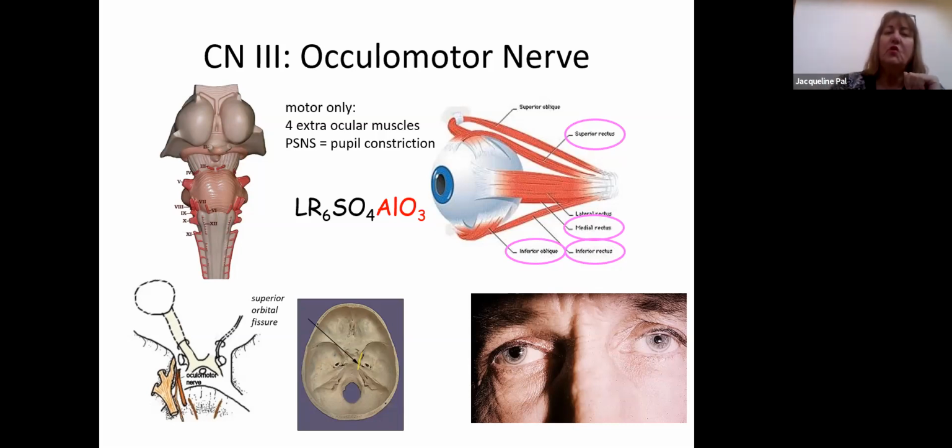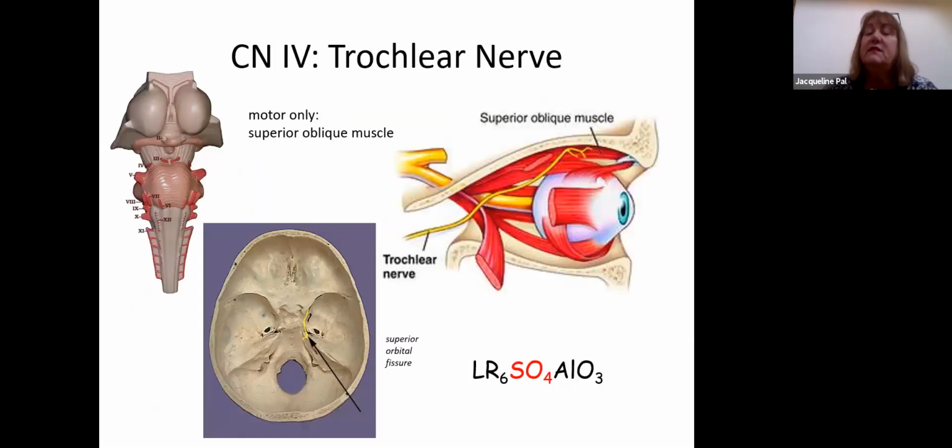The 4th cranial nerve is called the trochlear nerve, and this one also does motor, but only to one of those extraocular muscles, the superior oblique muscle. And this one is motor, just like the 3rd cranial nerve was motor to the eyeball.